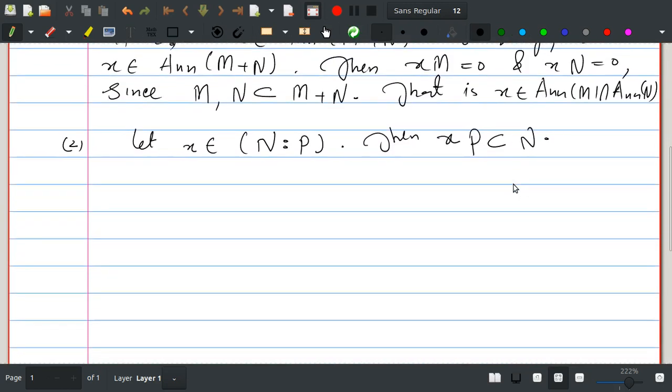So let z be any element in the quotient of these modules. It suffices to prove x annihilates z, because z was chosen arbitrarily.